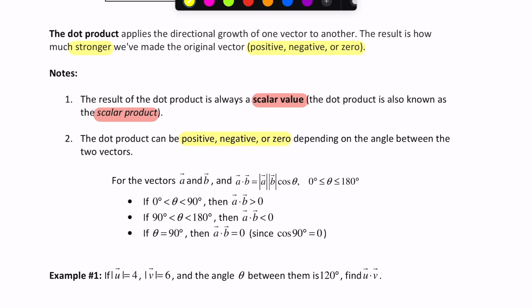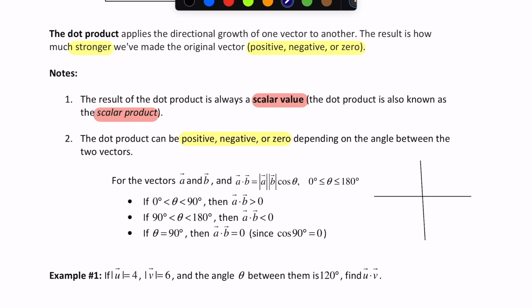So for vector A and vector B, vector A times vector B is equal to the magnitude of vector A times the magnitude of vector B cos theta, where theta is between 0 and 180 degrees. So if we draw a coordinate plane here on the right, we can see where the values of cosine are positive and negative.